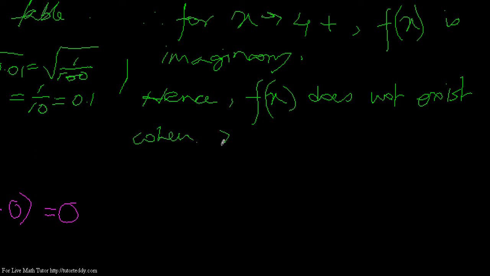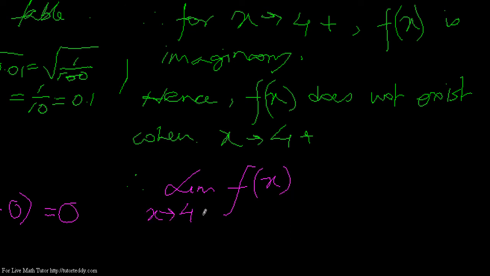When x tends to 4 plus, that means x is approaching 4 from the right hand side. In other words, we can say the right hand limit of f(x) does not exist. That is, limit of f(x) as x tends to 4 plus does not exist.